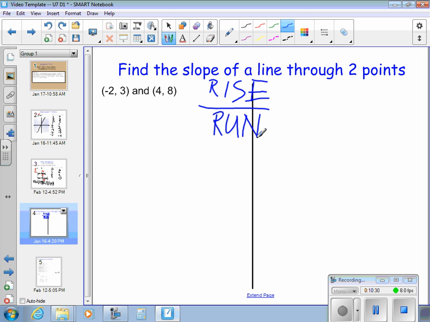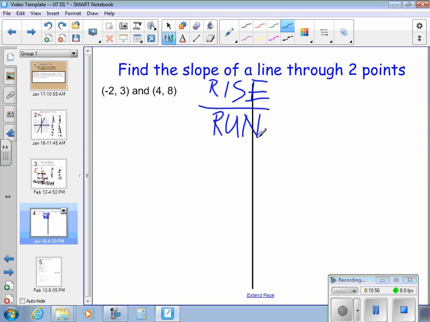And run being how far do we go across? And generally we're going to measure that left to right, and that's the way you read, so that if the line's going up as you go left to right, slope's positive. If it goes down as you go left to right, slope's negative.